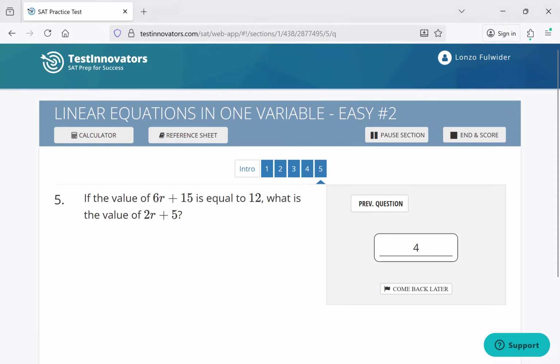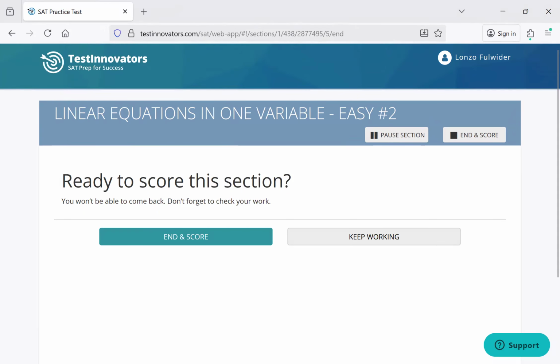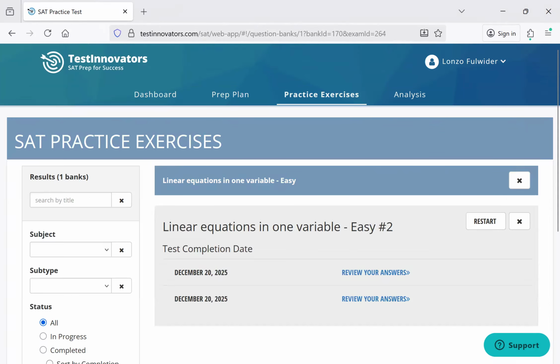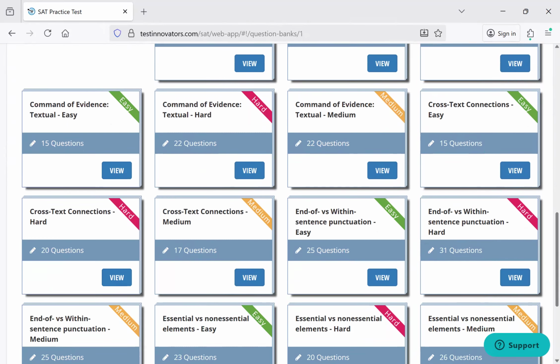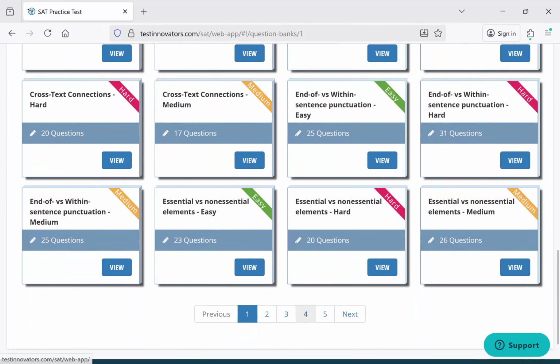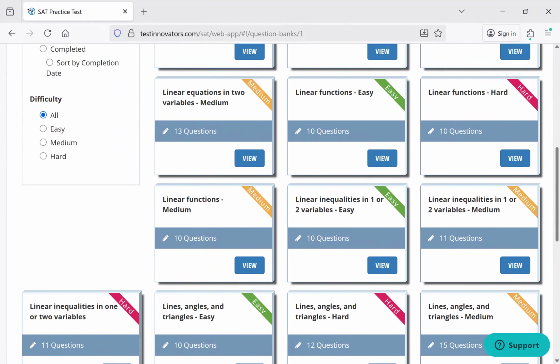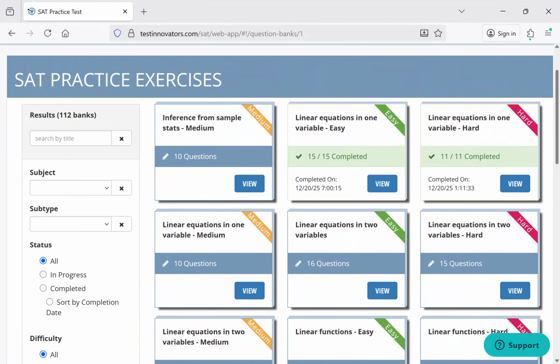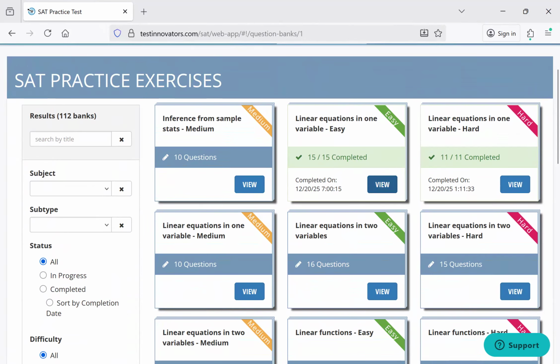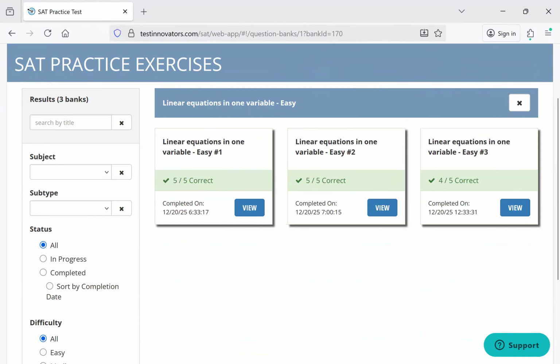Okay, let's go find more problems. This one. Linear equation in one variable, easy ones, number 3. So I'll just do this one.